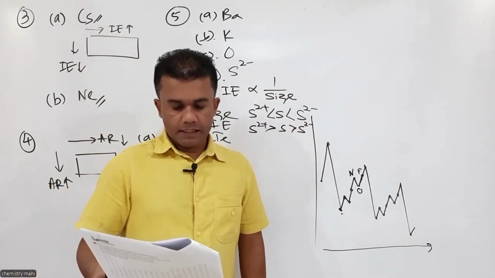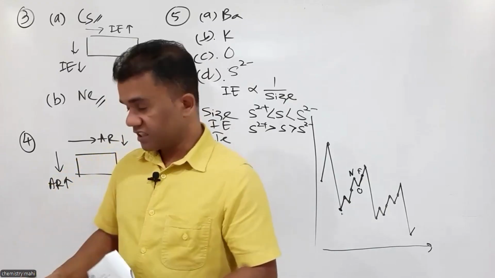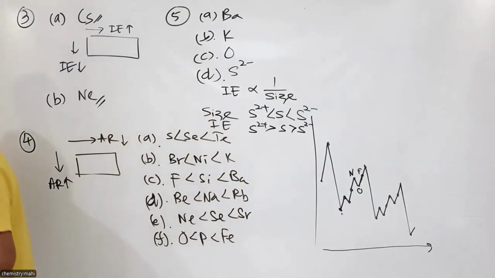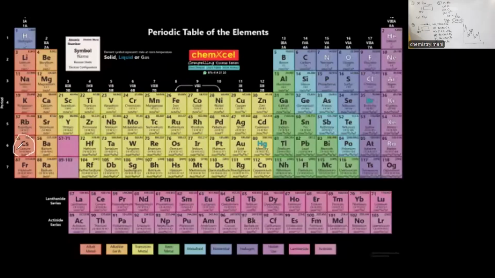Last one, cesium, germanium, argon. We have to go to the periodic table and see it. Where do you find them? Cesium is in group 1, somewhere here. Germanium somewhere here. Argon somewhere here. Those are the three places you have these elements in the periodic table.